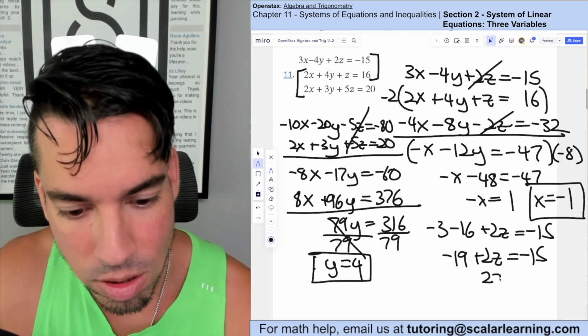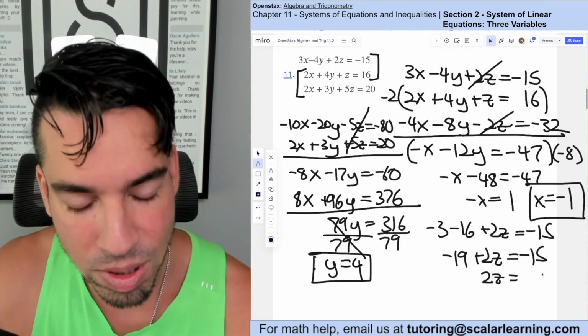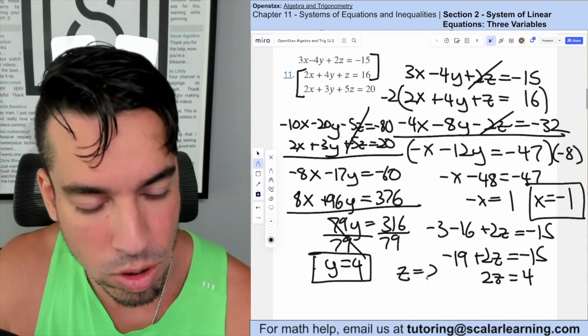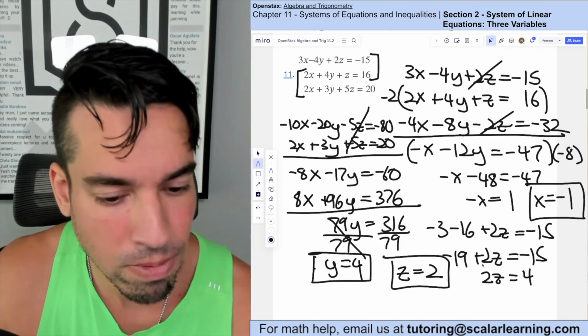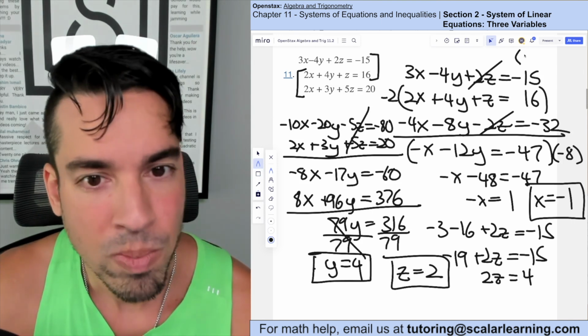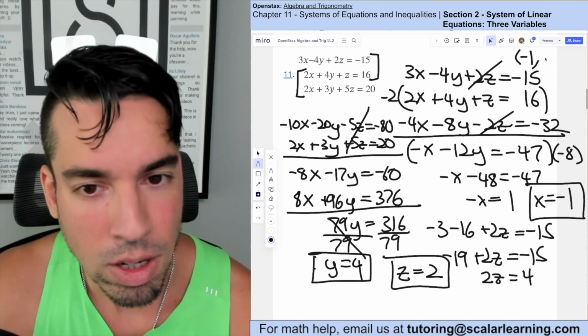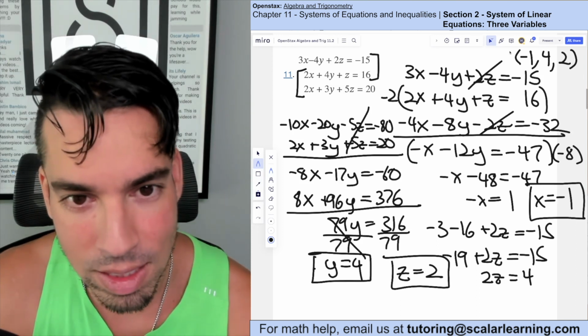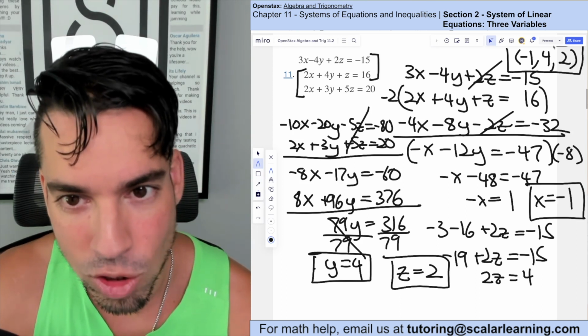Add 19 to both sides. 2z equals 19 plus negative 15 is 4. Divide by 2 and we get z equals 2, which means our final answer in coordinate form would be negative 1 first because that's x, 4 second because that's y, and 2 third because that's z. That is how you do it.